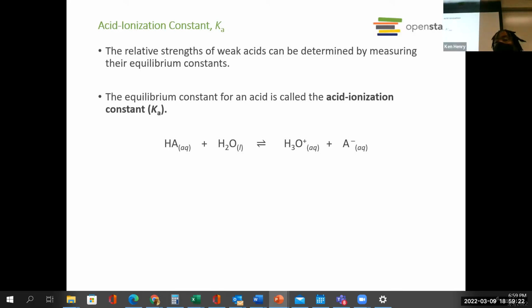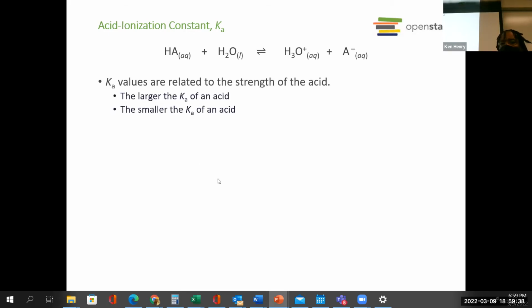So we've talked about acid ionization, and the acid ionization constant is called Ka, or the equilibrium constant for an acid. Your Ka values also tell us the strength of those acids.